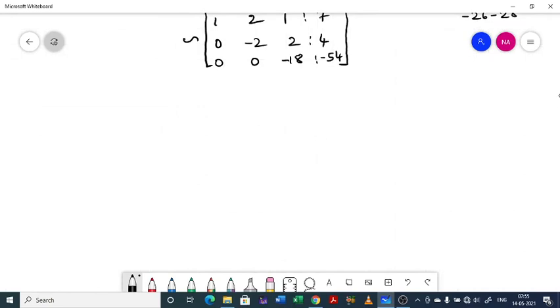So we got the coefficient matrix in upper triangular form.